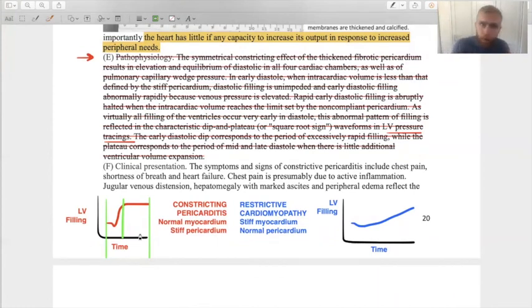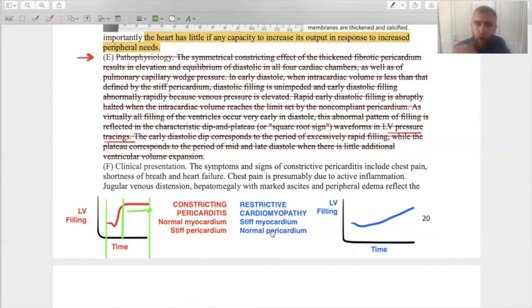When you start to put blood in it, it'll accept blood. It's just when the heart expands to the point where the pericardium can't expand anymore, your filling just stops. And so you go flatline in that last section of diastole.